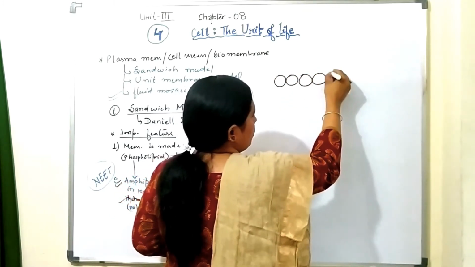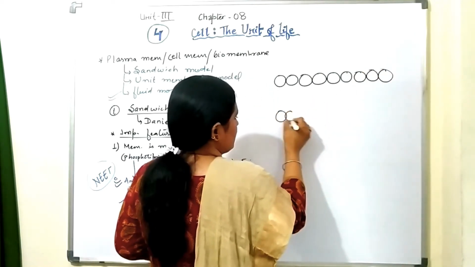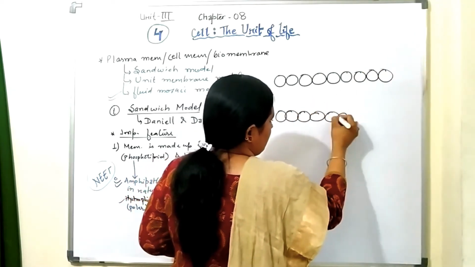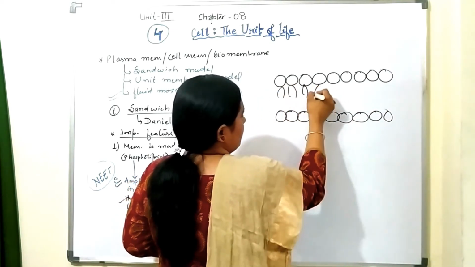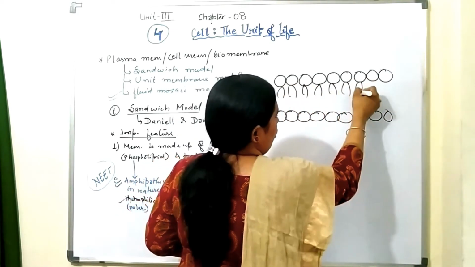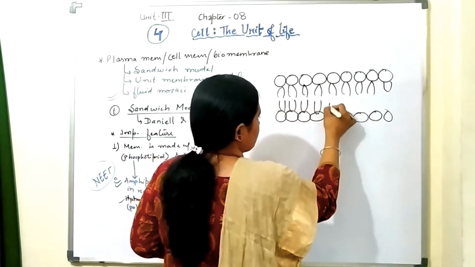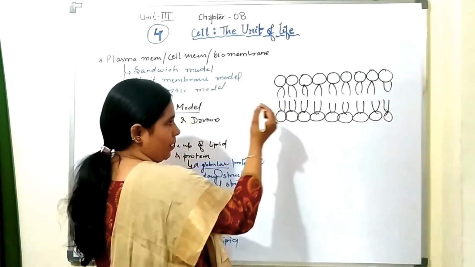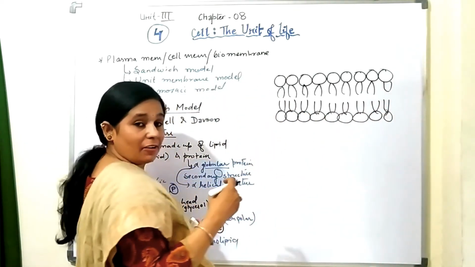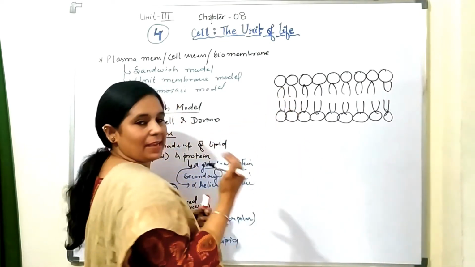According to Danielli and Davson, the phospholipid is present in a bilayer. So I am drawing the 2 layers. These are the 2 layers of phospholipid. You can see here, in this bilayer structure, you have to draw it in such a way that the tails face each other.